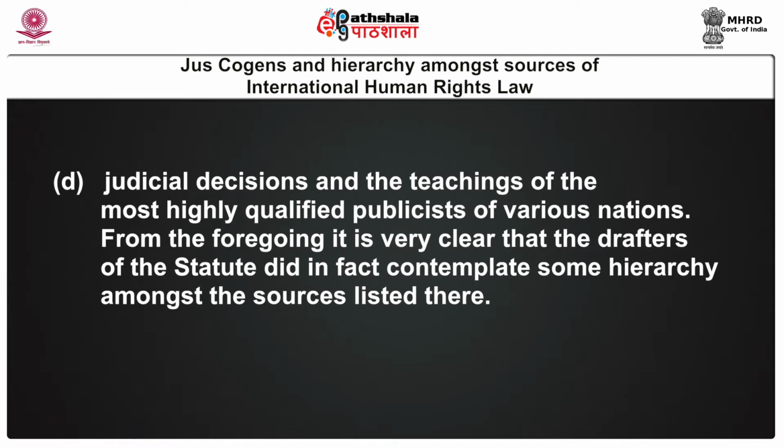Now, from this list as provided in the ICJ statute, it is very clear that the drafters of the statute did in fact contemplate some hierarchy amongst the sources that are listed in this article.